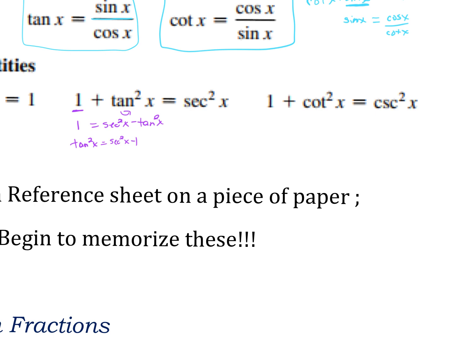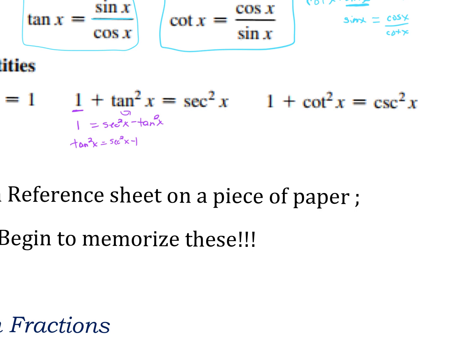Those are co-functions, right? If you can remember 1 plus tangent squared equals secant squared, then you just have to remember to add the cos to get Nicholson's: 1 plus cotangent squared x equals cosecant squared x. Or you can remember Nicholson's and then get rid of the cos, so 1 plus tangent squared x equals secant squared x.